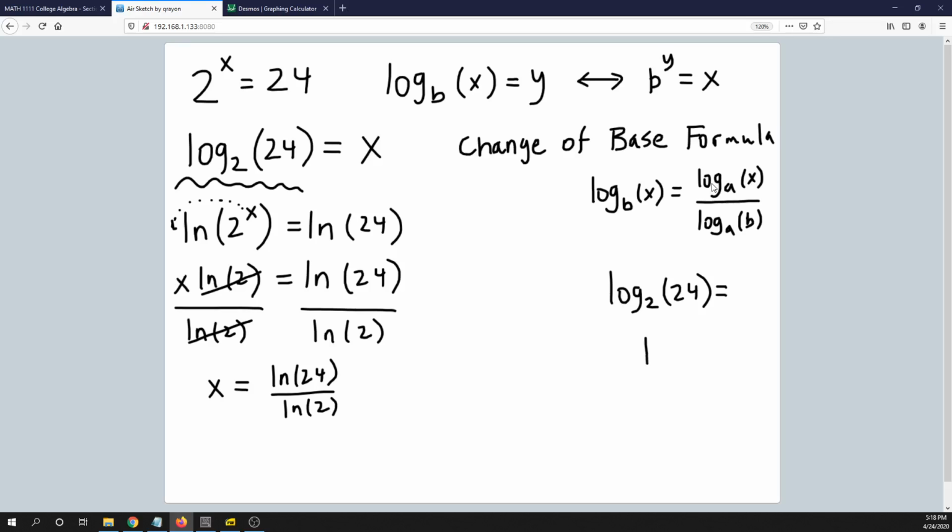So let's say I want to change to log base e, that would be log base e of x over log base e of 2, which is the base here. Oops, that should be 24 up there. Let me erase that.